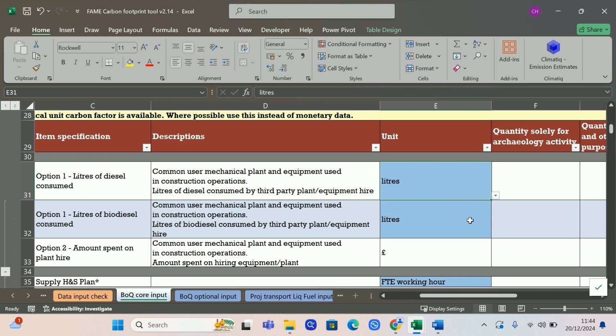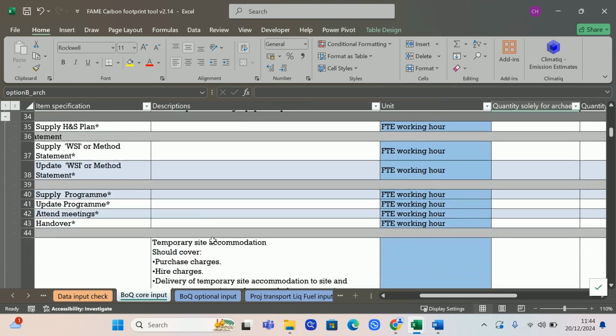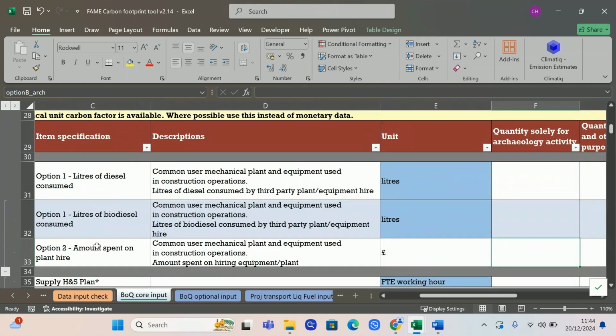If that's not possible and you are able to separate the amount spent on excavators, then the next best option is to make an estimation in the soil and excavation tab for the excavators, and then input pounds spent on other plant and equipment hire and pounds spent on temporary site accommodation as option 2 in this tab. And if you're unable to separate it, then you can just input the whole lump sum into option 2 on the bill of quantities. Just make sure, and I'm going to stress it again, that there's no double counting happening.